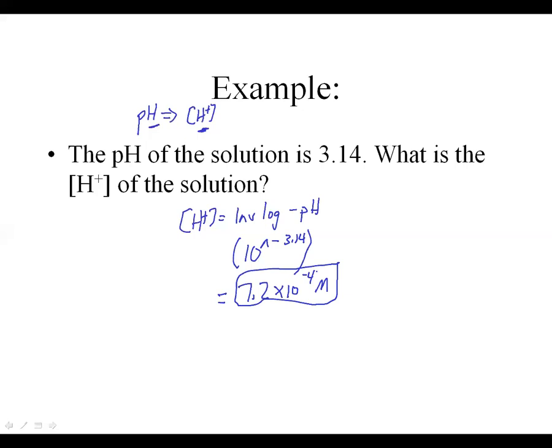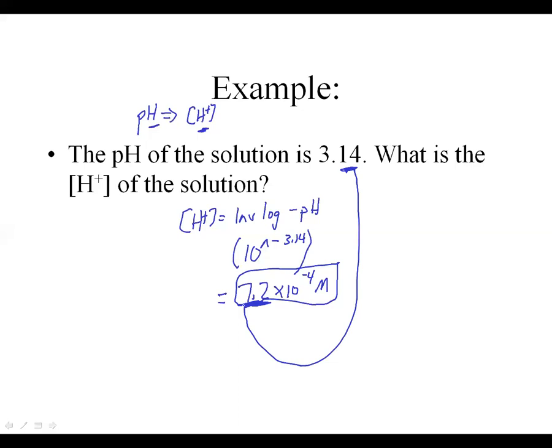But one thing that you should do is, if we look at our pH value, it has 2 decimal places, which means when we go back to concentration, we should end up with 2 significant figures. So 7.2 times 10 to the minus 4 is 2 significant figures. Again, if you did the decimal, you would want to write 0.00072, and that's how you would want to round it.